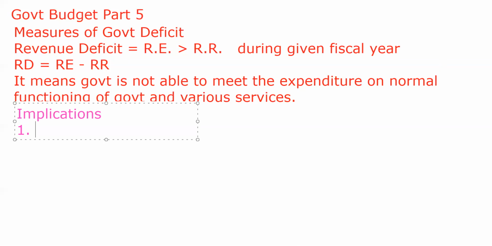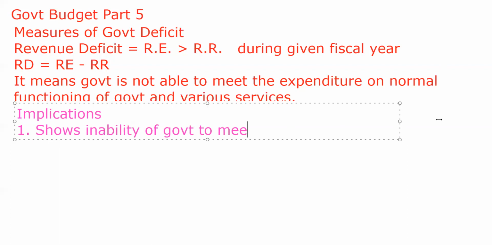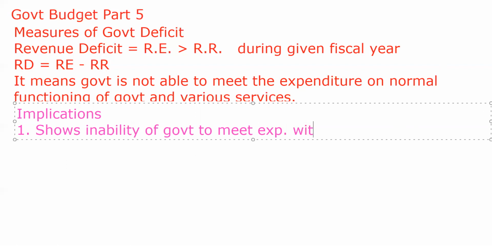First implication: shows inability of government to meet expenditures, in short EXP, within the proposed budget.